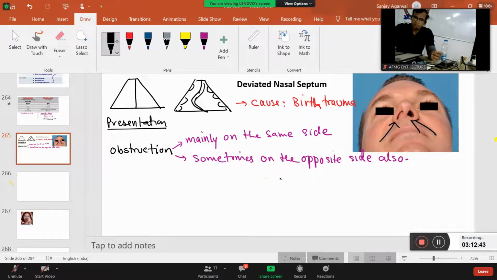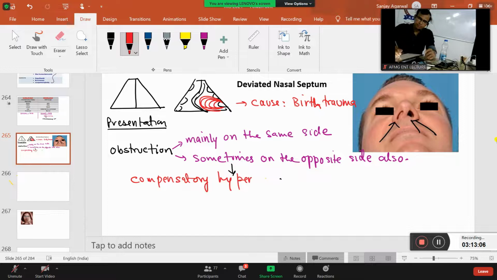What is the cause of this? Look at the diagram that I've drawn. Here are the three turbinates. The inferior turbinate hypertrophies like this to compensate for the extra space. So this is called compensatory hypertrophy of the inferior turbinate.